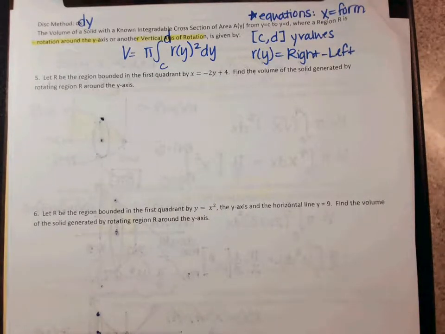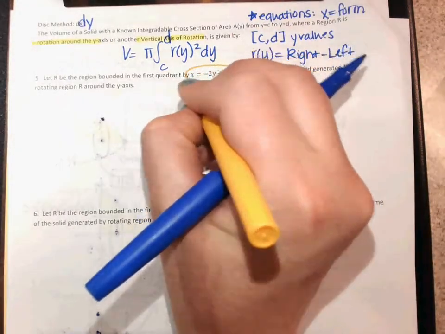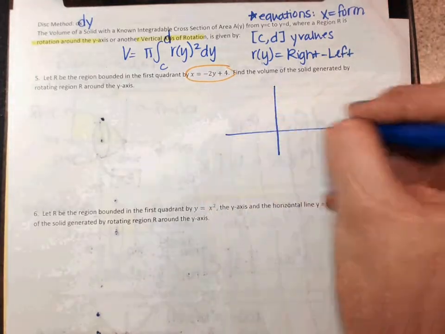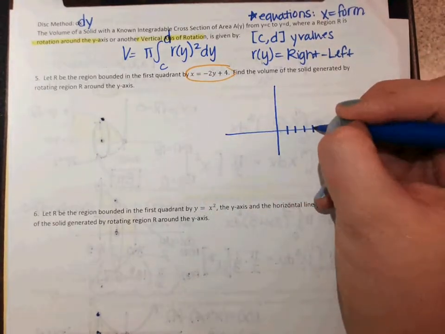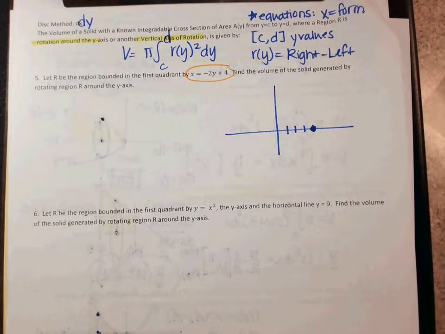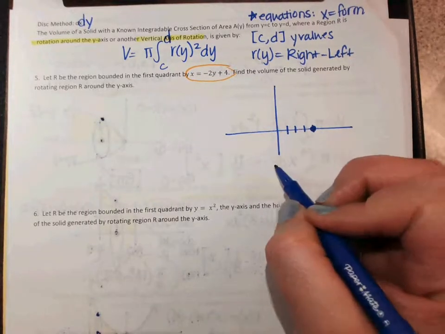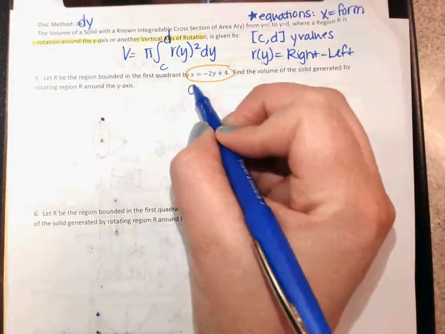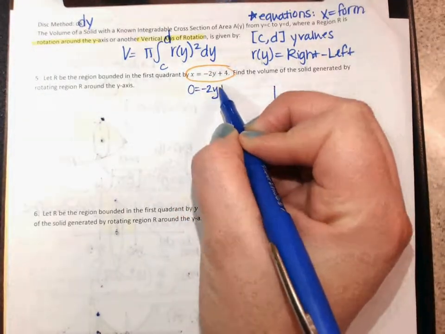We have x equals negative 2y plus 4. Okay, so let's think about, if I'm graphing this, 1, 2, 3, 4, that's going to be here. And when you guys are flipping graphs, what I would do is, if I want to know where this hits x equals 0, I'm going to set this equal to 0 to find out.